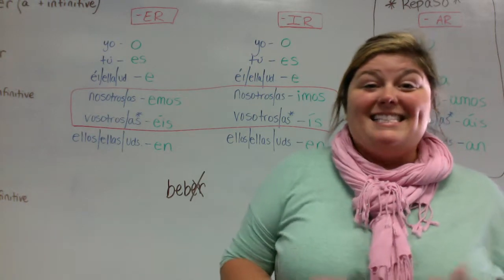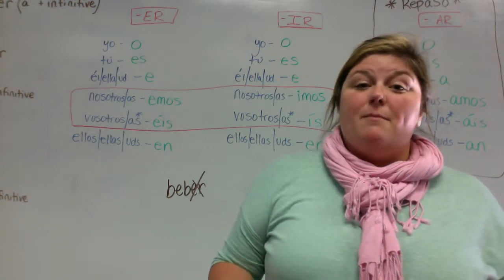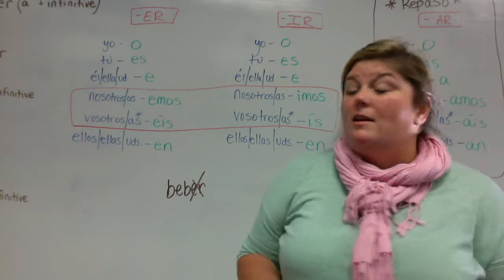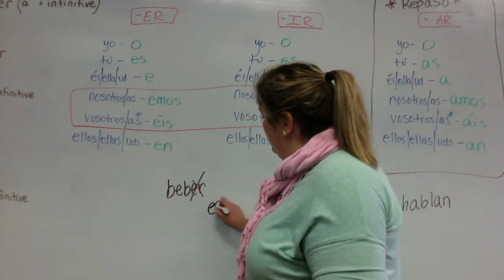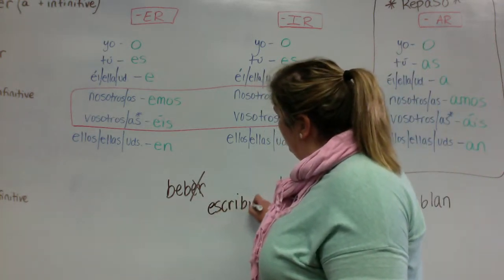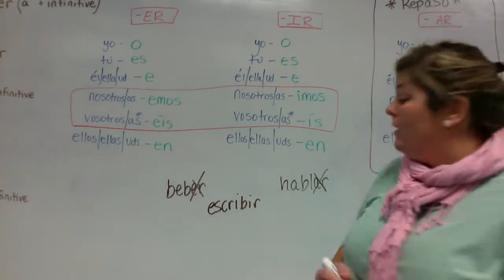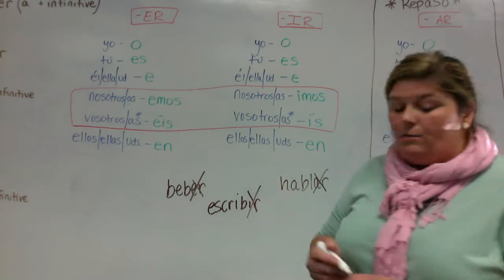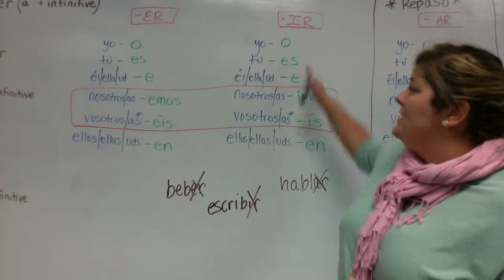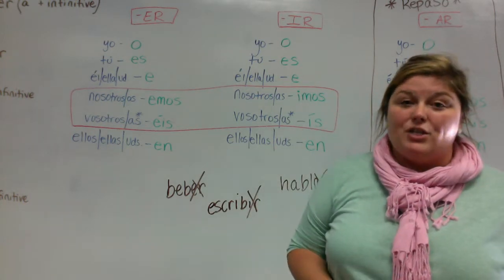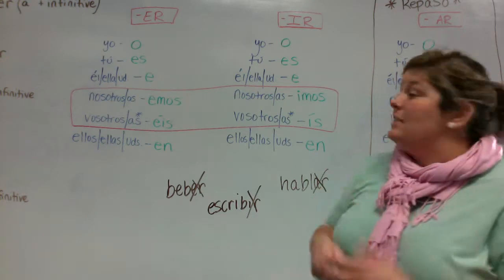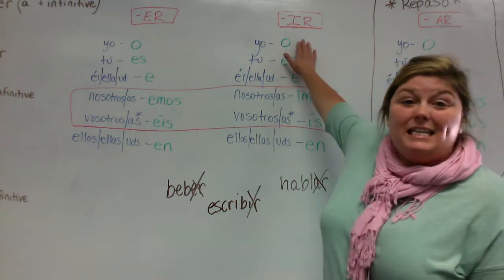All right. The same concept is going to be put into place for our IR verbs. So a verb like escribir, again meaning to write. We're going to drop the IR and we're going to replace it with the ending that corresponds to the person doing the action. So if I write, I'm going to put escribo.